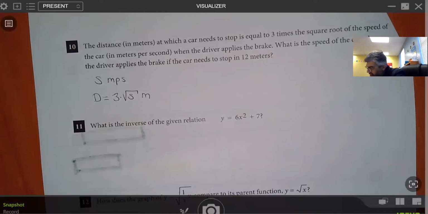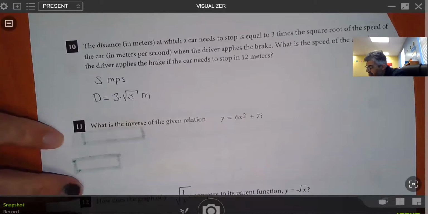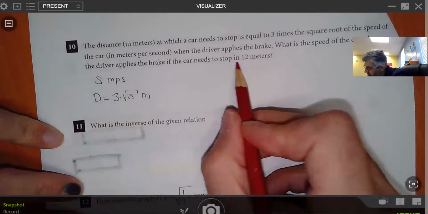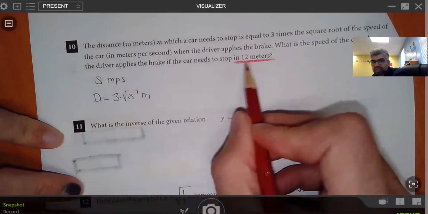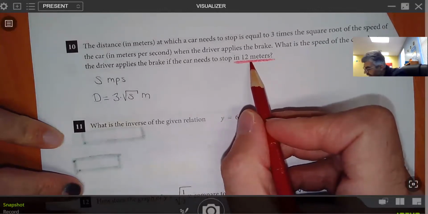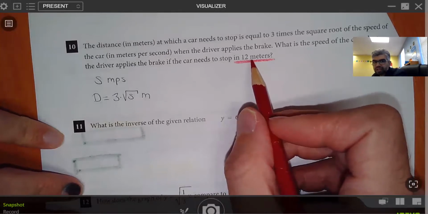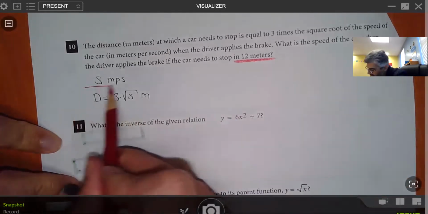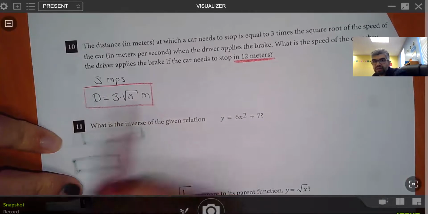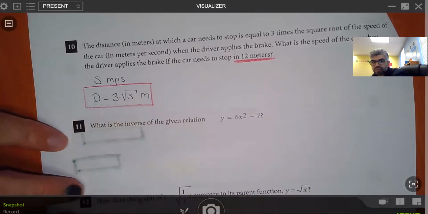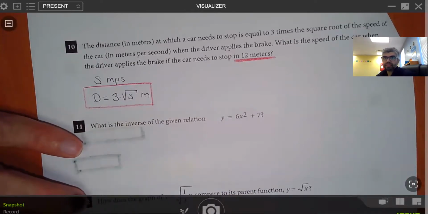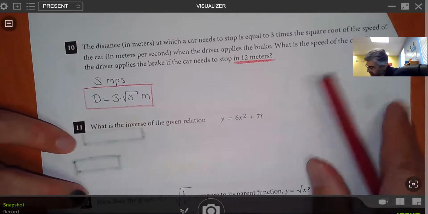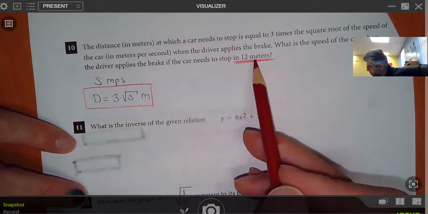What is the speed of the car if the car needs to stop in 12 meters? So guys, what is this 12 here? Is it s or d? This is our equation. What is 12 here? Would you please type in chat? Exactly. This is the distance.